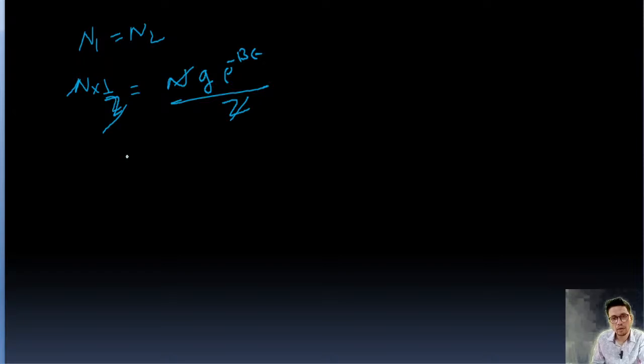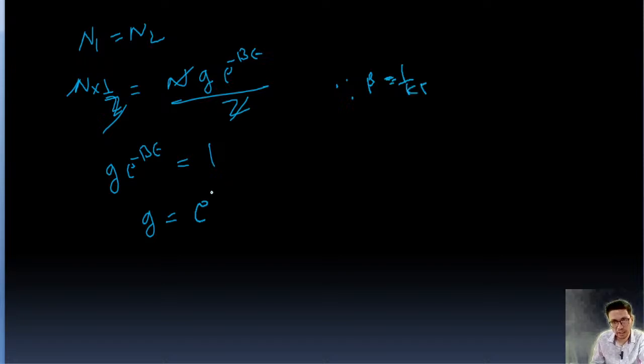So g e to the power minus beta epsilon is going to be 1. Or we can write the value of g equals 1 upon e to the power minus beta epsilon, or e to the power plus beta epsilon. E to the power beta epsilon means beta is 1 upon kT, right? k is the Boltzmann constant, so we can write e to the power epsilon upon kT.